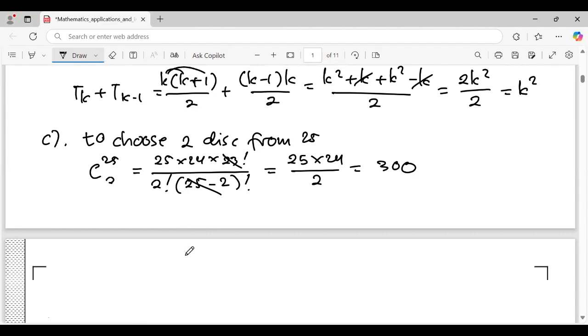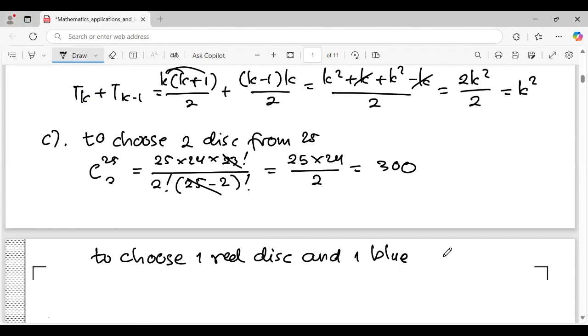And next, to choose one red disc and one blue disc.